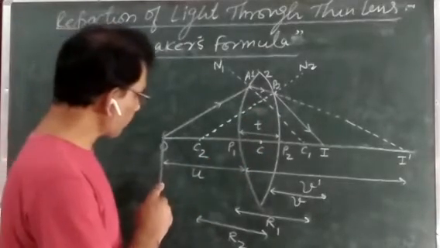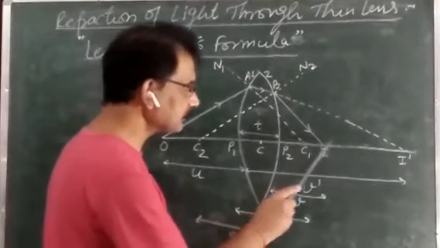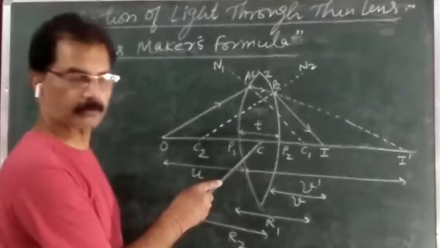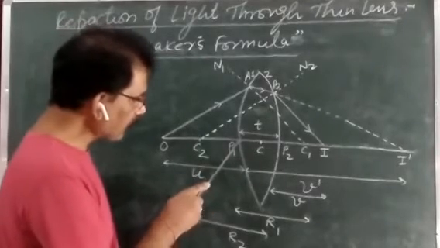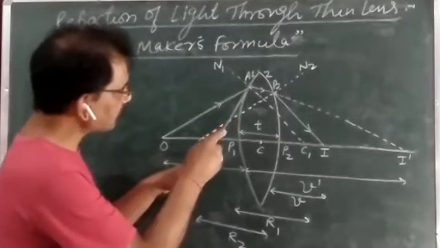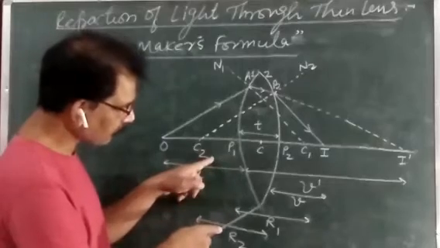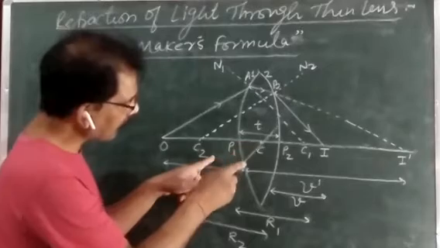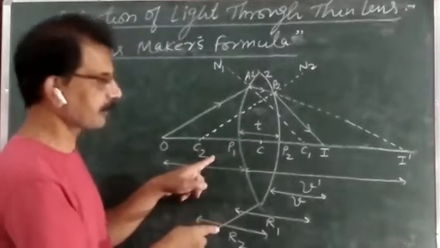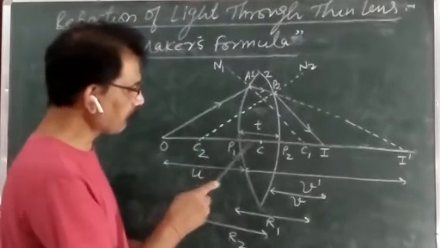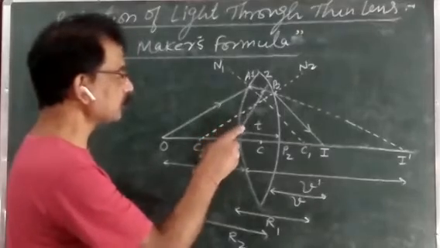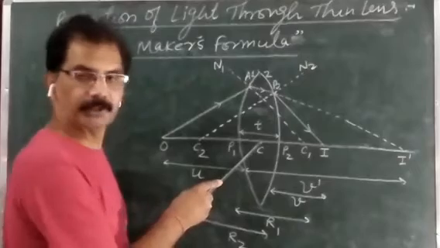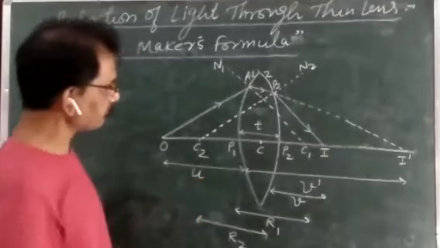And this one is the principal axis, which passes through its optical center. See, P1 is the pole of this first surface, and P2 is the pole of the second surface. So P1 and P2 are the poles of these two spherical surfaces. C is the optical center of this lens, you can see.